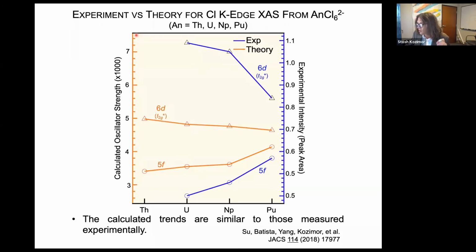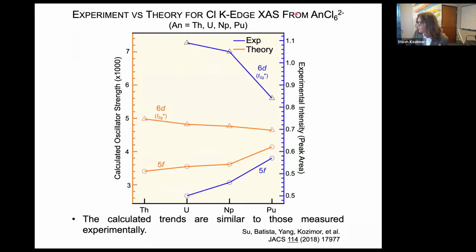I could have plotted the Mulliken populations and you'd see the same thing. But what this tells you essentially is that the theorists are predicting that as you move from thorium to uranium to neptunium and plutonium, the 5f orbital mixing is increasing, and the 6d orbital mixing in the T2g orbital is decreasing.